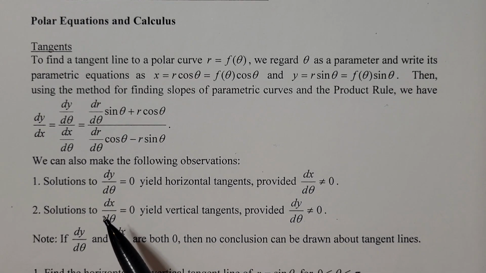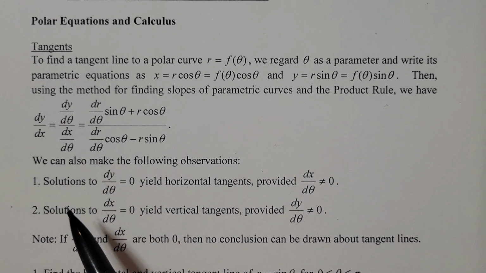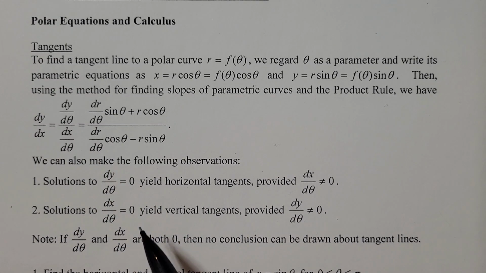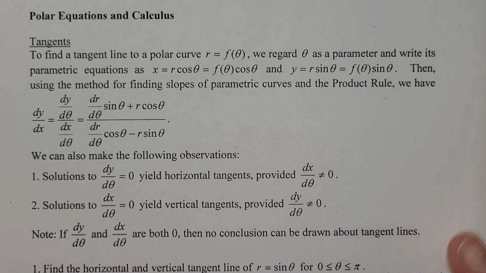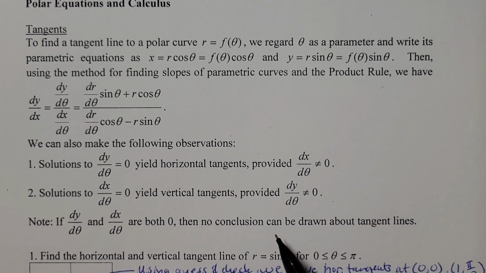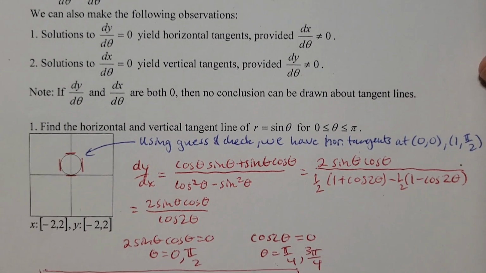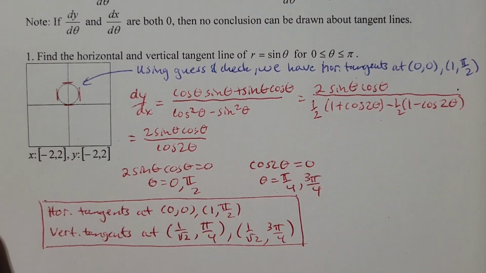And the solutions to the denominator being 0, dx d theta equals 0, are where you have vertical tangents, just like with parametric equations, provided that the numerator is not 0 also. And as a note, if both the top and the bottom are 0, no conclusion can be drawn about tangent lines.